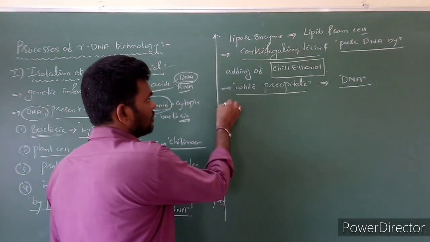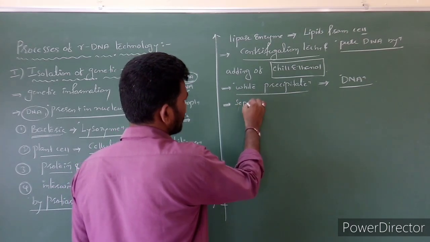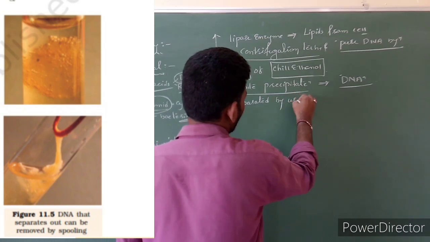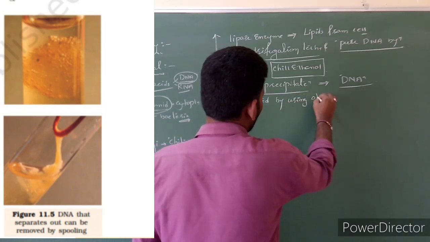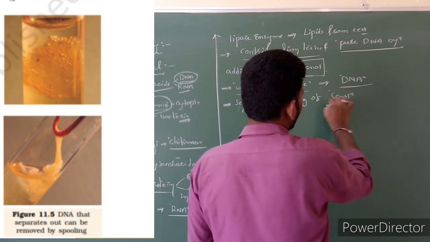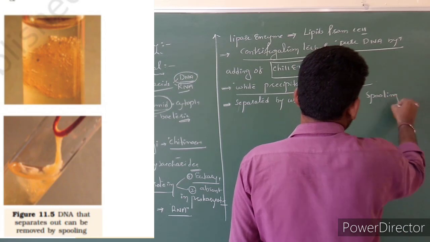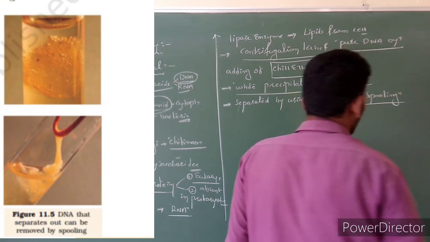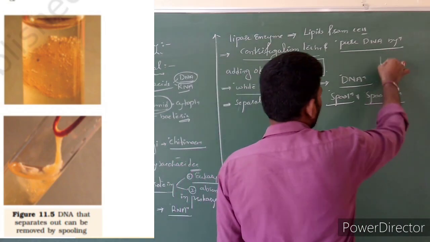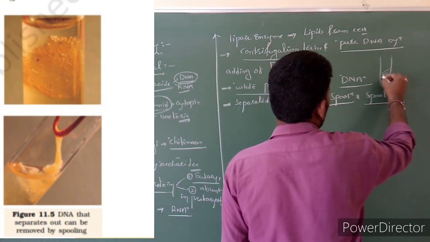So this DNA we separate by using a spool, nothing but spooling. One small diagram is given in the NCERT, like one test tube. Here this is the white material.